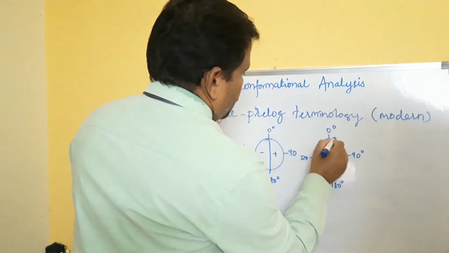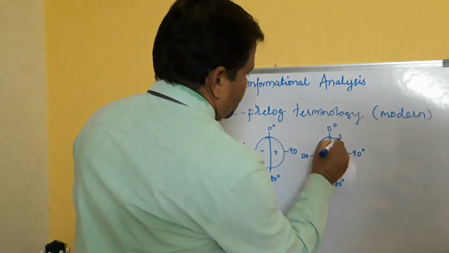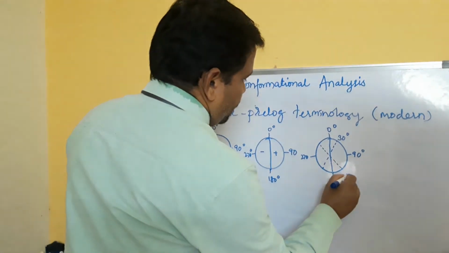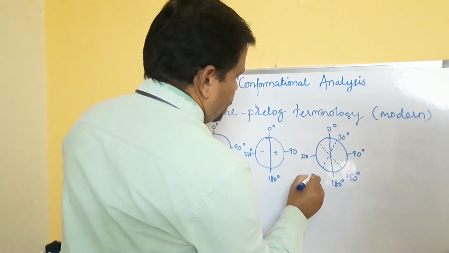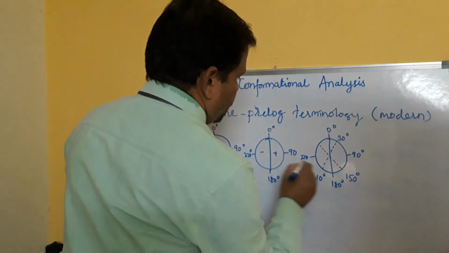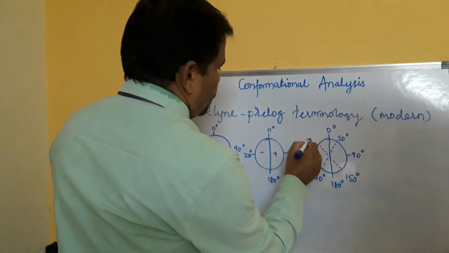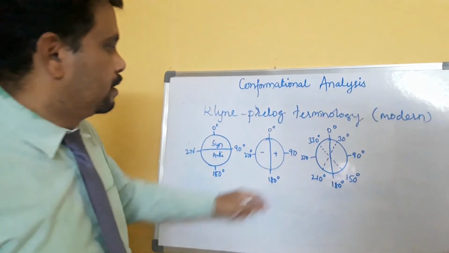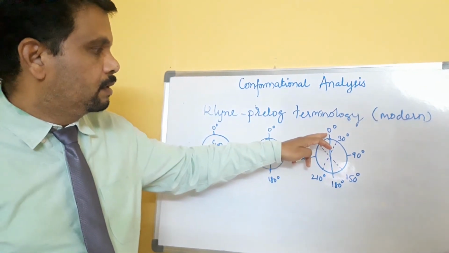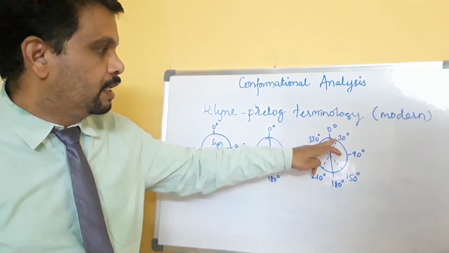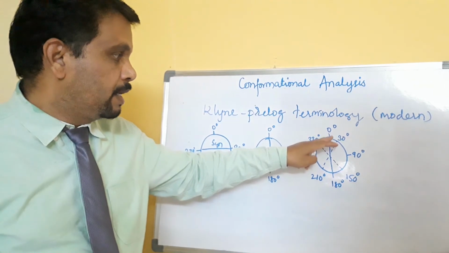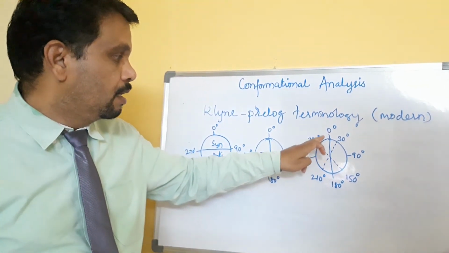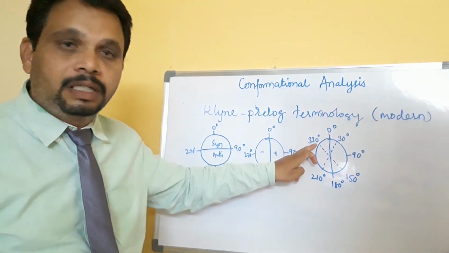Okay, so this is 30 degrees, this is 150 degrees, this is 210 degrees, and this is 330 degrees. The variation is plus or minus 30 degrees. In this case, plus 30 means 30 degrees, minus 30 is equal to 330 degrees.